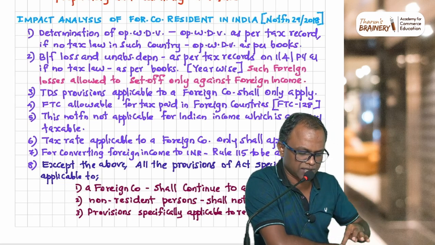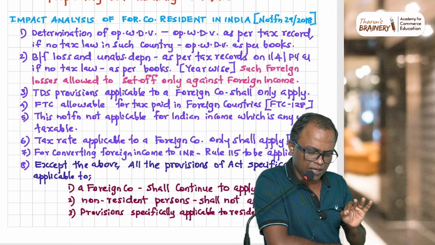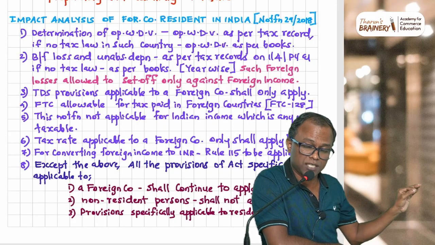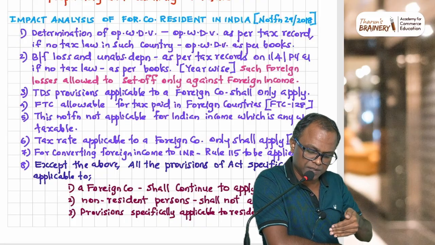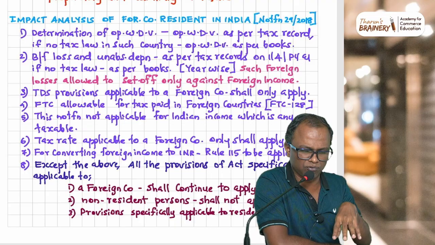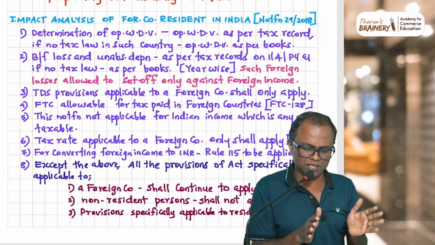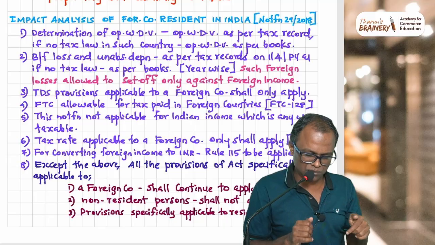It's the last clarification: generally, unless there is any specific provision, the provision applicable to a foreign company shall continue to apply to it. Provisions applicable to a non-resident are not applicable. Provisions specifically applicable to a resident are applicable. So this is the rule if any general provision is applicable and no specific rule is saying otherwise.